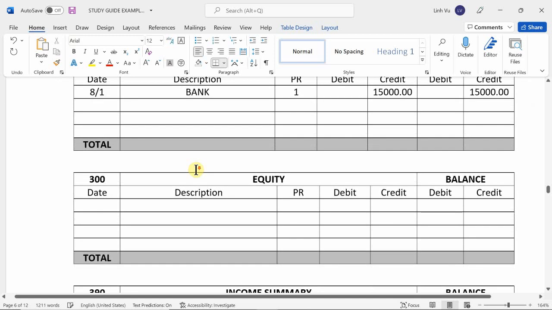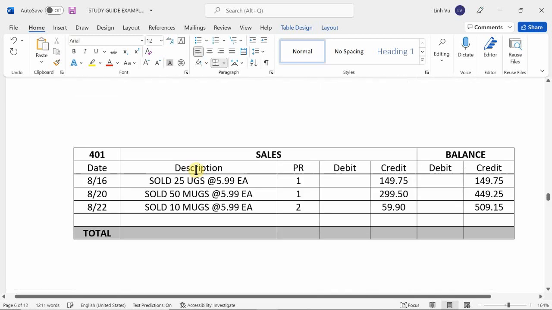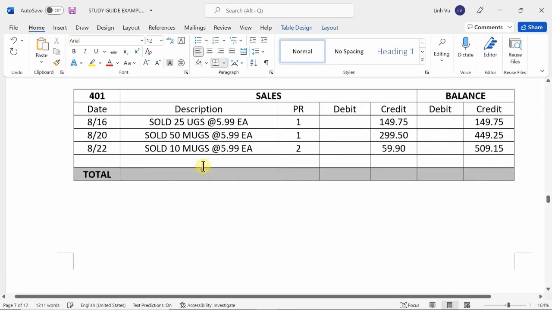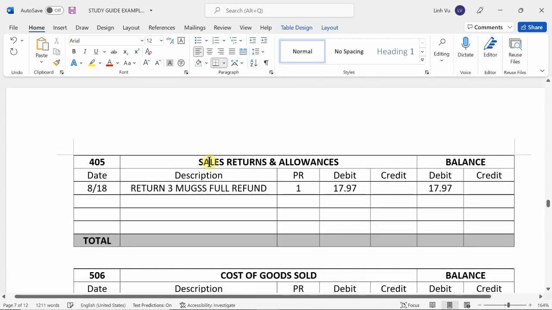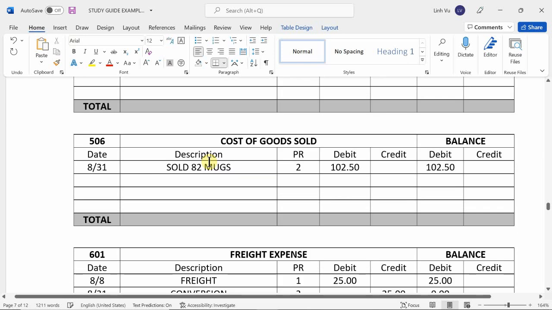Business loan is still at $15,000. We don't have any equity or income summary. Sales is still at $509.15, so no changes there. Sales returns is still at $17.97. Cost of goods sold is what we have to add in here.